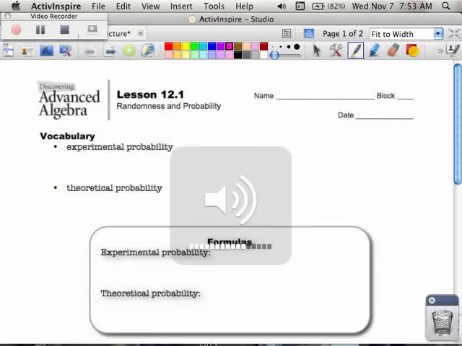Okay, today, in talking about probability, we're going to talk about two kinds of probability. The first one is what they call experimental probability.